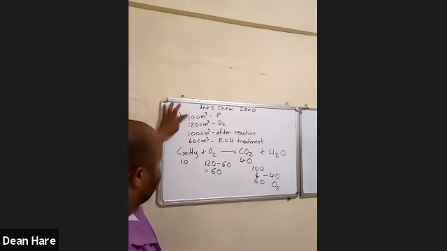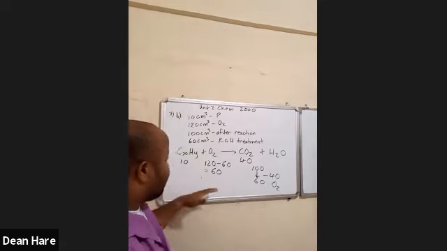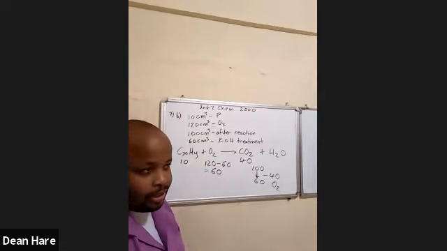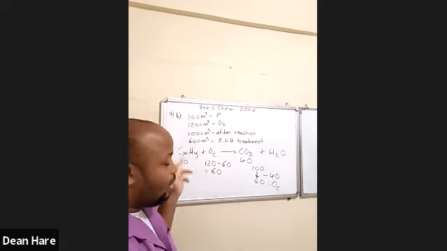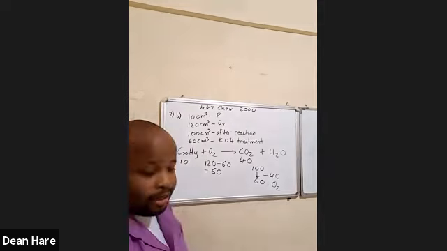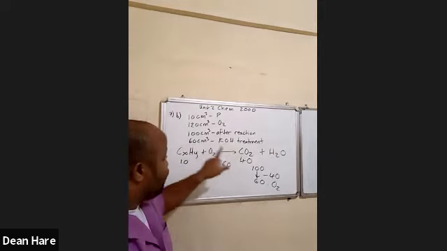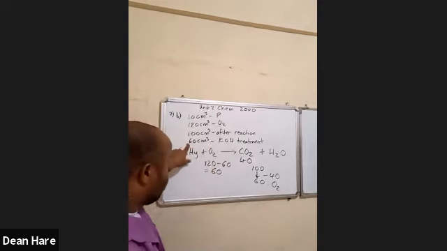So the question stated 10 cm cube of the hydrocarbon and 120 cm cube of oxygen. At the end of the reaction, you have 100 cm cube of gases, which includes the CO2 produced and whatever oxygen did not react. On treatment with KOH, the 100 cm cube decreased to 60.